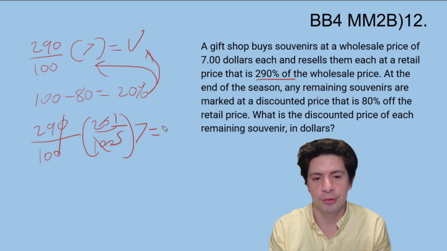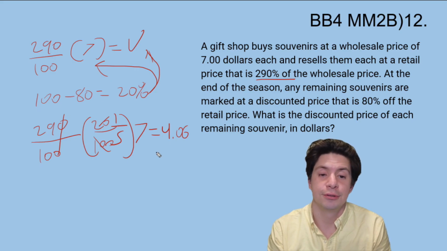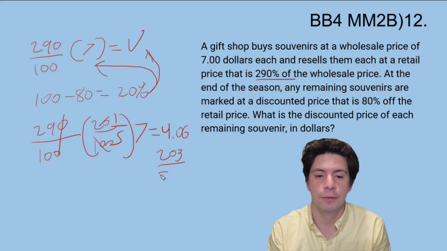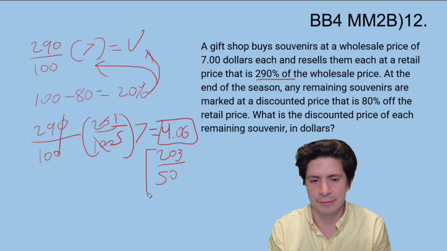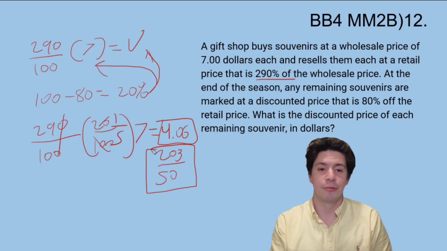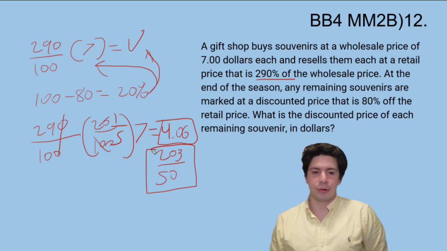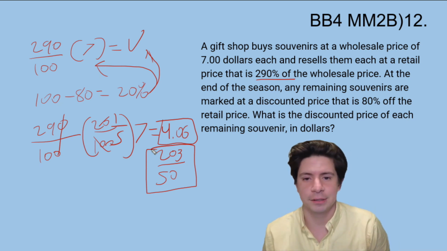You could use Desmos on your own and you'll get $4.06, which can also be 203 over 50. I like the decimal one more because I'm thinking of it in terms of money, but either one works. If you did the 203 over 50, that's totally fine too.